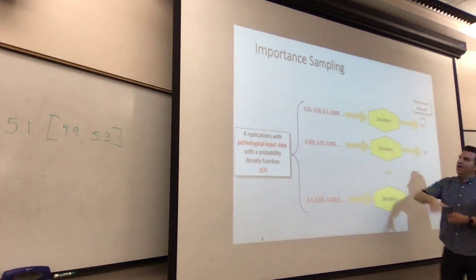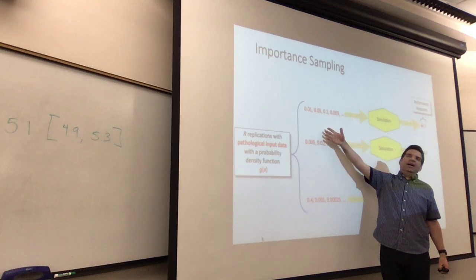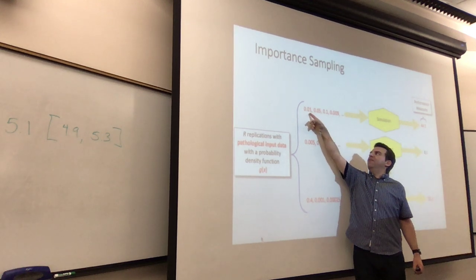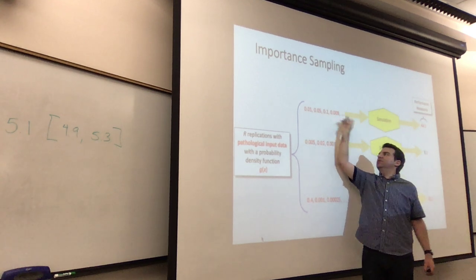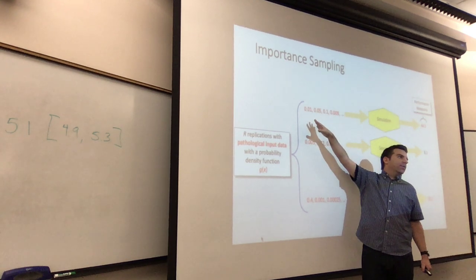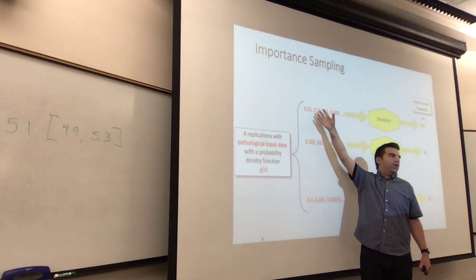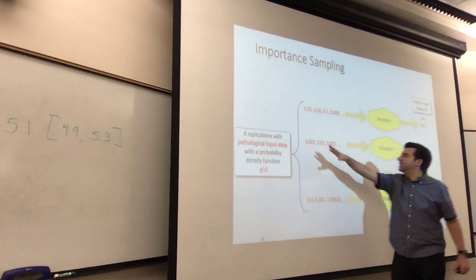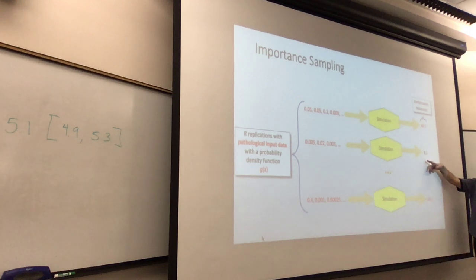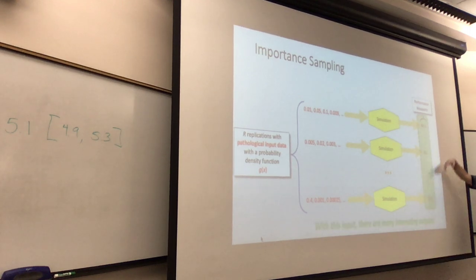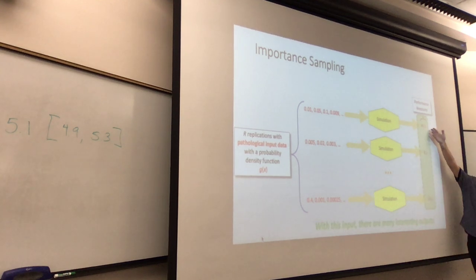If these were inter-arrival times, now I've made everyone have a very small inter-arrival time between each other, which might be very rare in the real system. But I'm just going to simulate a world where that's the only thing that happens. Then I generate a lot of outputs, maybe a couple that are still typical, but a bunch more that are atypical, a bunch more of the interesting outputs that I care about.